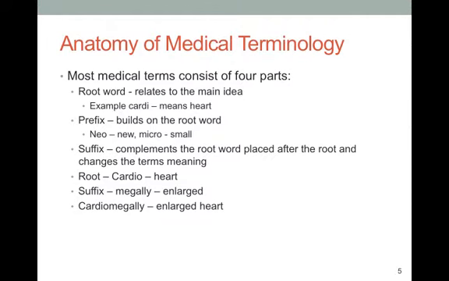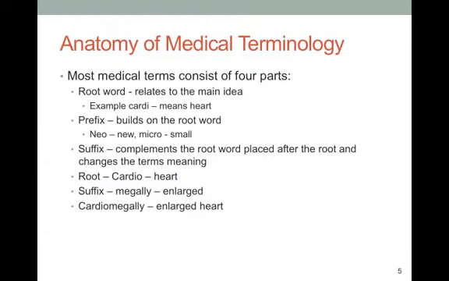The anatomy of terminology. Most medical terms consist of 4 parts. They consist of a root word, a prefix, a suffix. The root word relates the main idea. An example of this would be cardia, which means heart. A prefix builds on the root word.